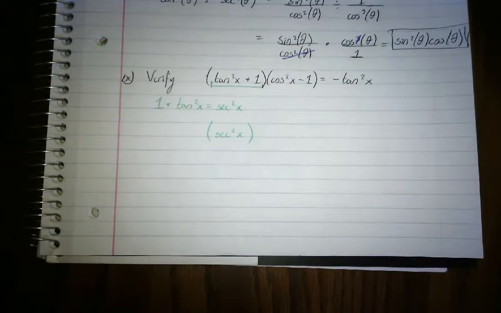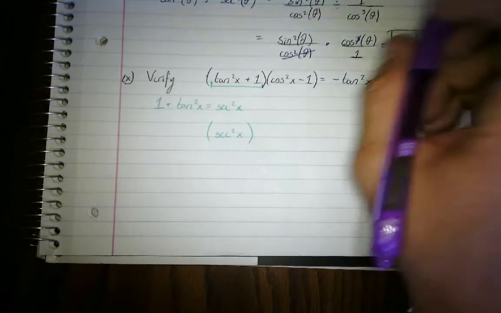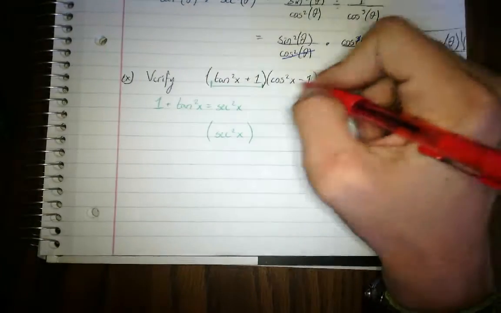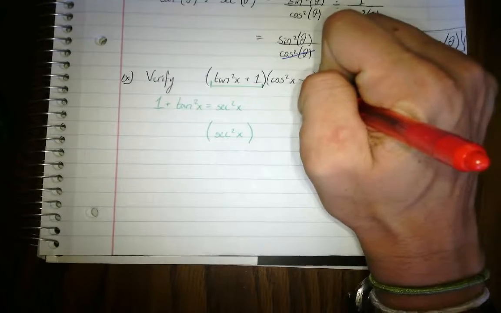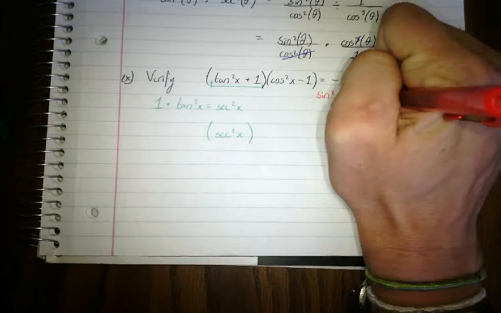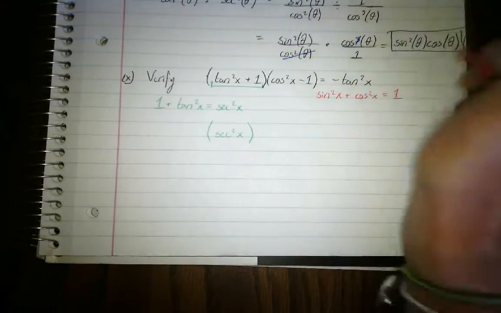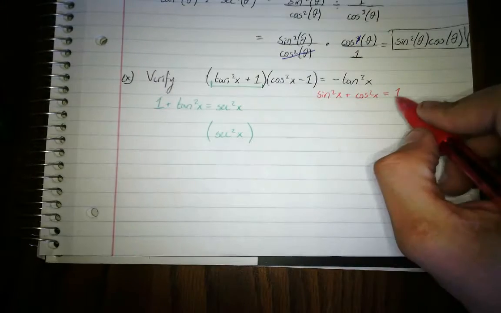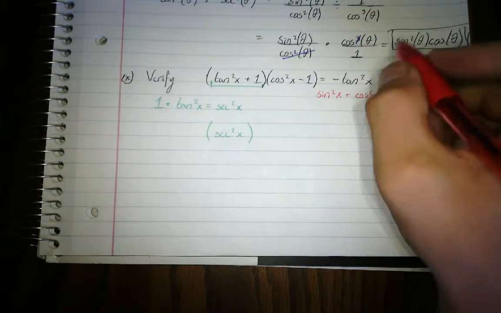Our next identity, we're actually going to need to do 2 steps in order to do this. This one has a cosine squared and a 1. That's a good hint that I'm going to need to use my sine squared of x plus cosine squared of x equal to 1 Pythagorean identity. So I want this to be over here, which means this is going to go over here.